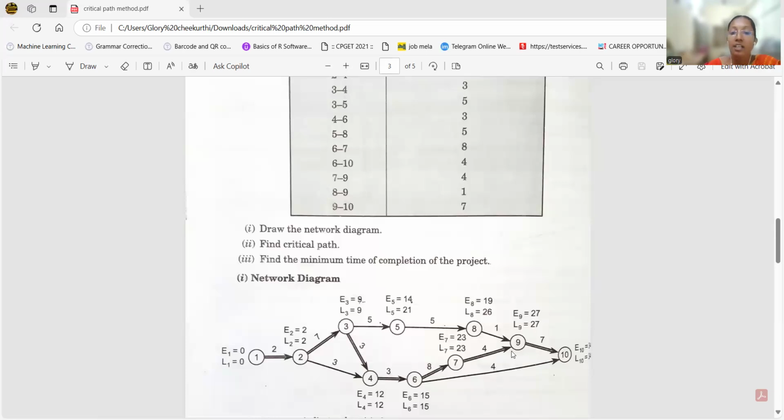Next, we have to check L8. L8 is taken from 27 minus 1, 26. Next, L7. L7 is taken from 27 minus 4, 23. Here we have to find L6. L6 has coming from combination of two backward pass calculations, that is node 7 and node 8.